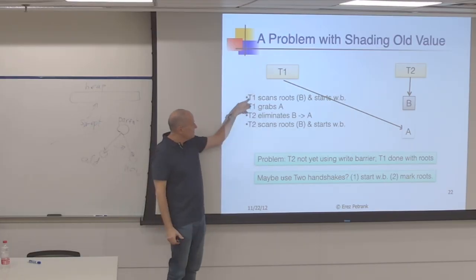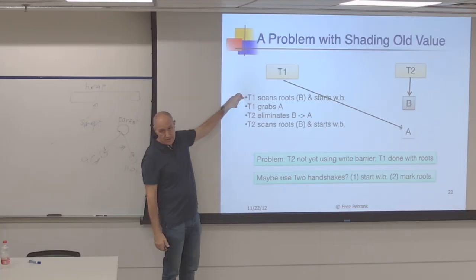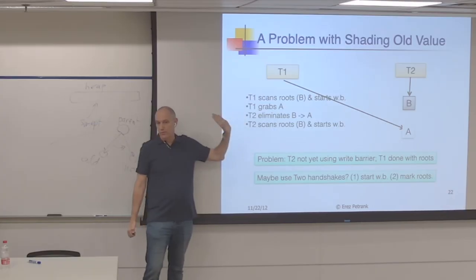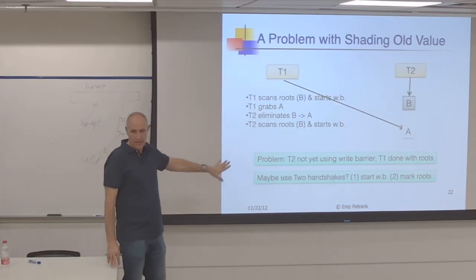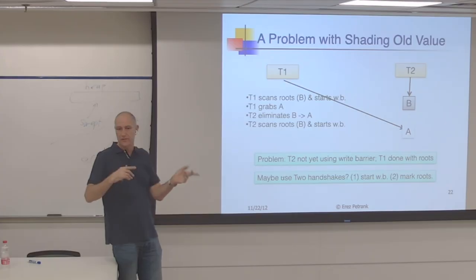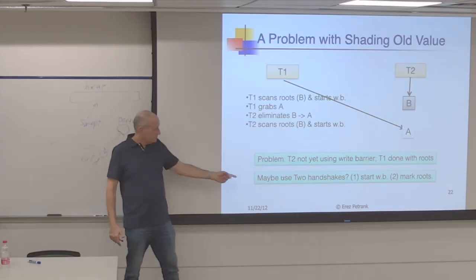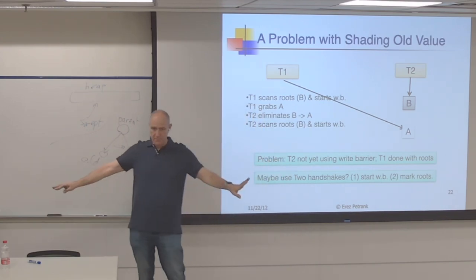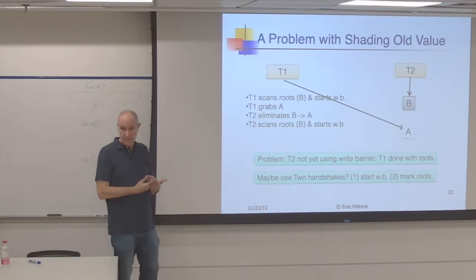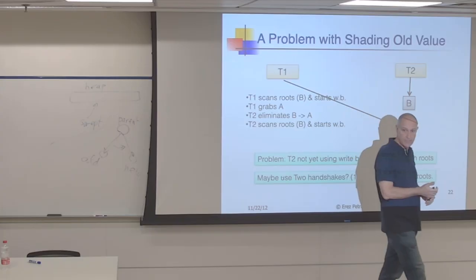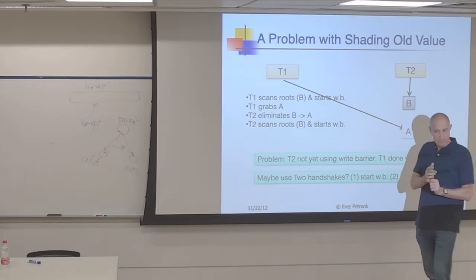And what we want, if we use two handshakes, is to first make sure that everybody is running the write barrier, and only later we let all of them shade the objects that are reachable directly from the roots.